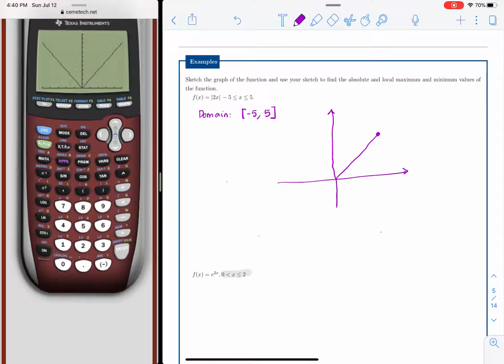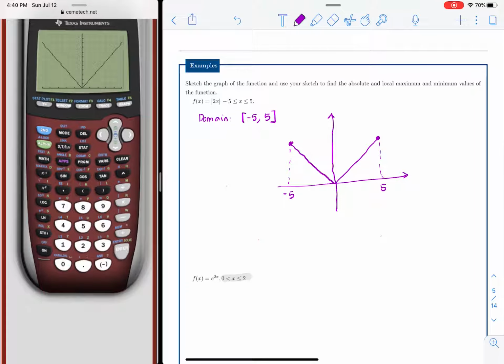The endpoints are included. So that's at 5. That's at -5. And 0.